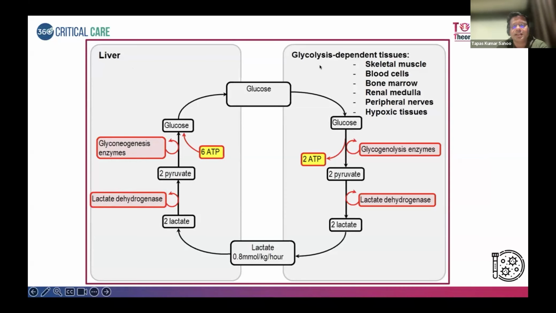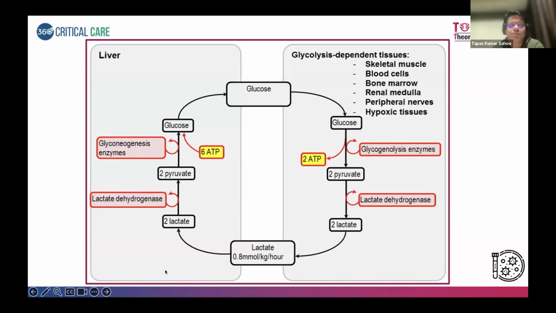And you can see the glycolysis-dependent tissues: skeletal muscle, blood cells, bone marrow, renal medulla, peripheral nerves, and hypoxic tissues. They need glucose, and if they don't get it, they will go into more lactate production and less ATP production. Clear? And the lactate per hour, you can see, is 0.8 millimole per kilogram per hour.